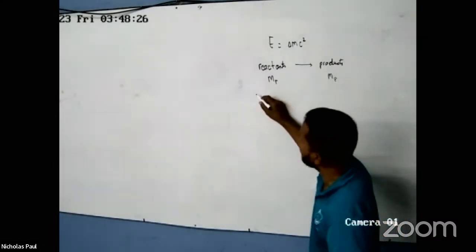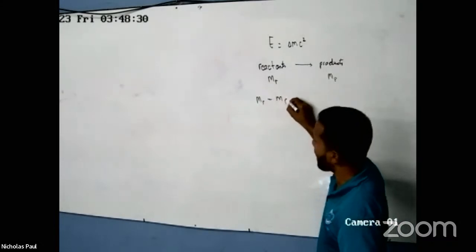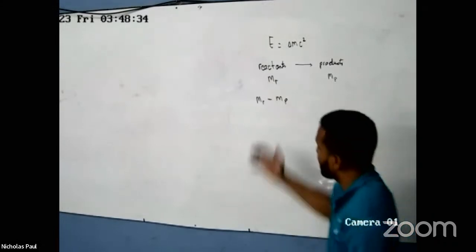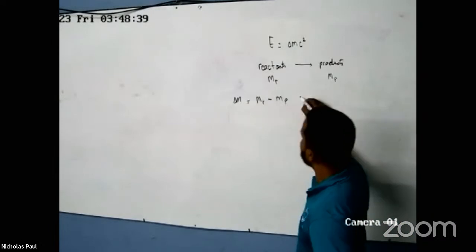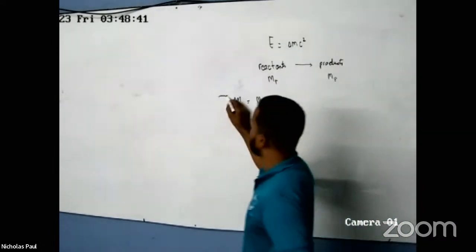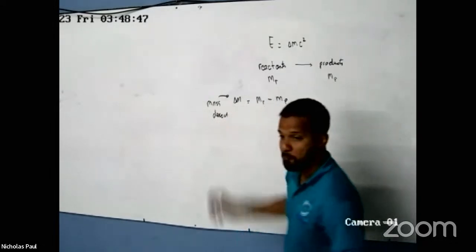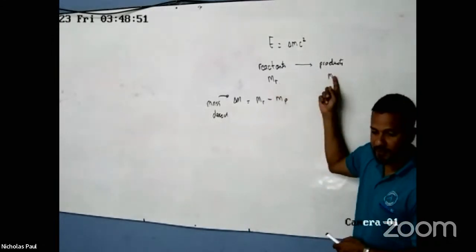He recognized that when he subtracted the mass of the reactants and the mass of the products, there was a difference in value, which he called delta M. We call delta M the mass defect. So there's a small change in mass from here to here.